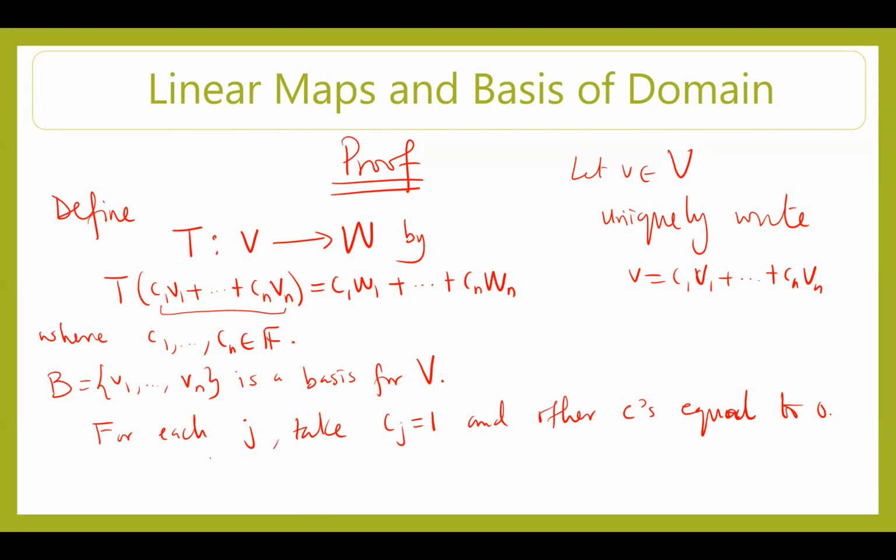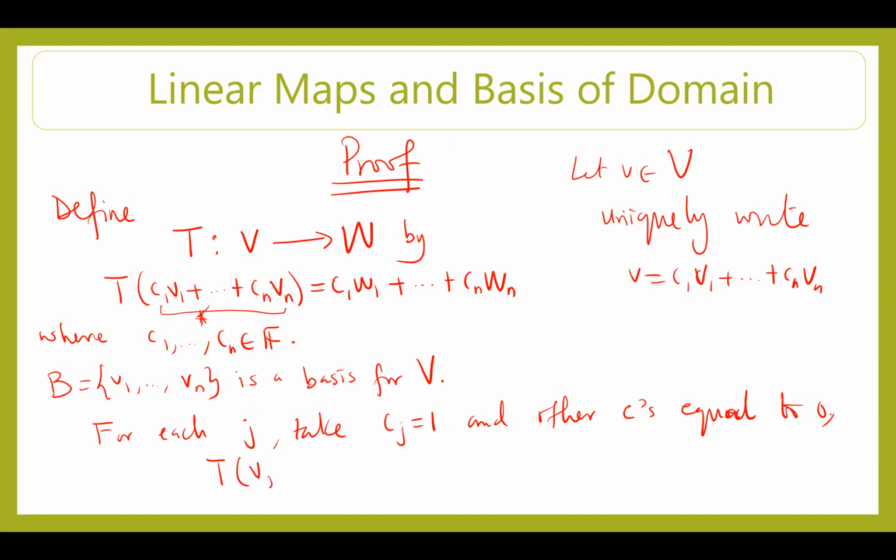And once I do that, the only term that survives in this linear combination is vj, the rest will be 0. cj is the only one that is 1.